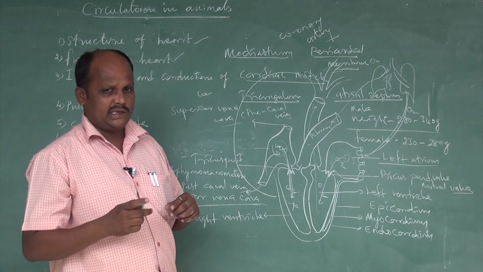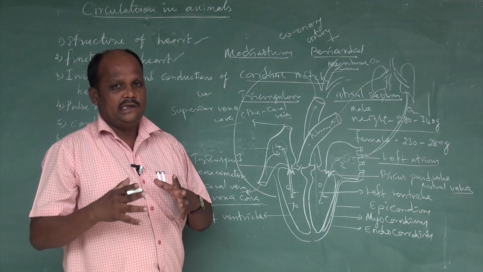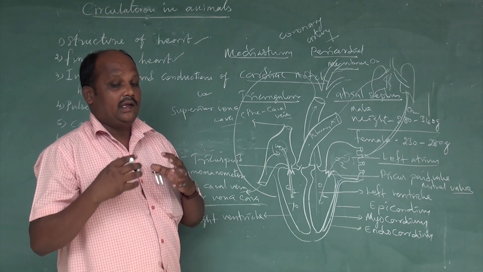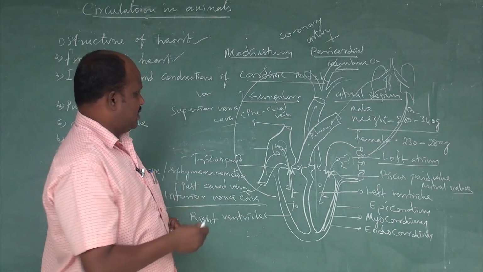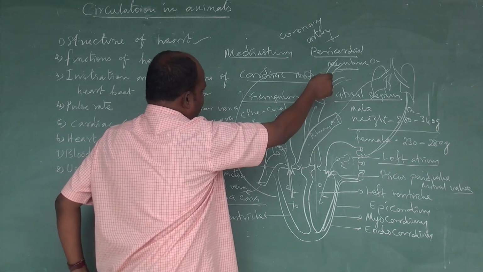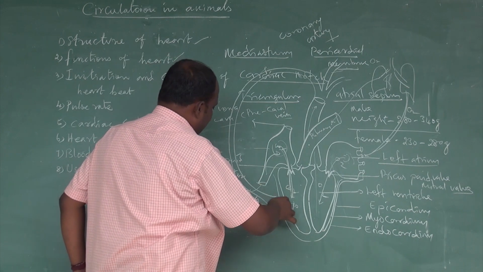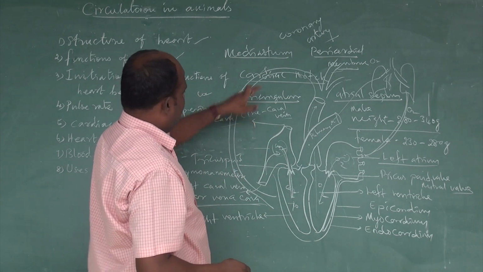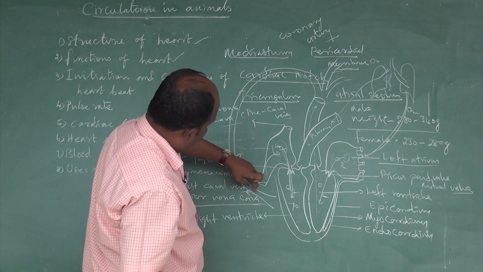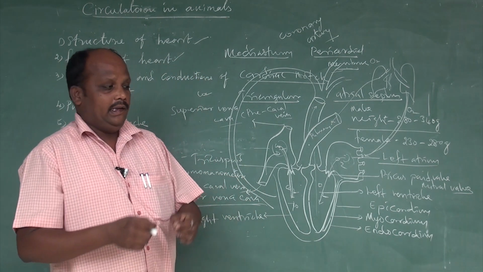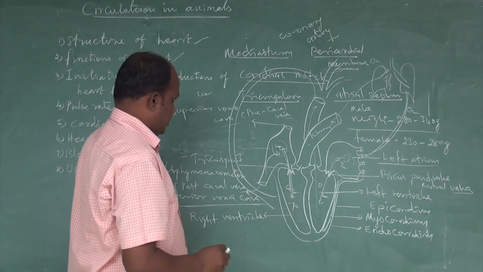The cardiac muscles need oxygen because, to keep the cells alive, they should make energy. For that purpose, the right side branch is called the right side circumflex coronary artery. It gives oxygenated blood to the heart muscles.